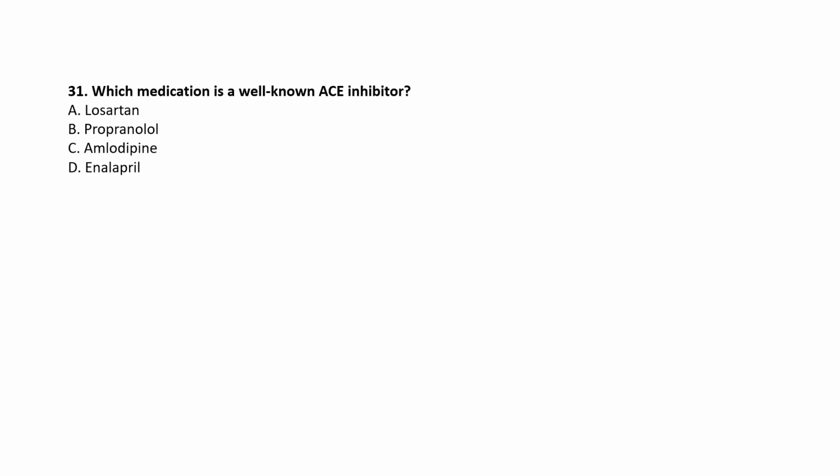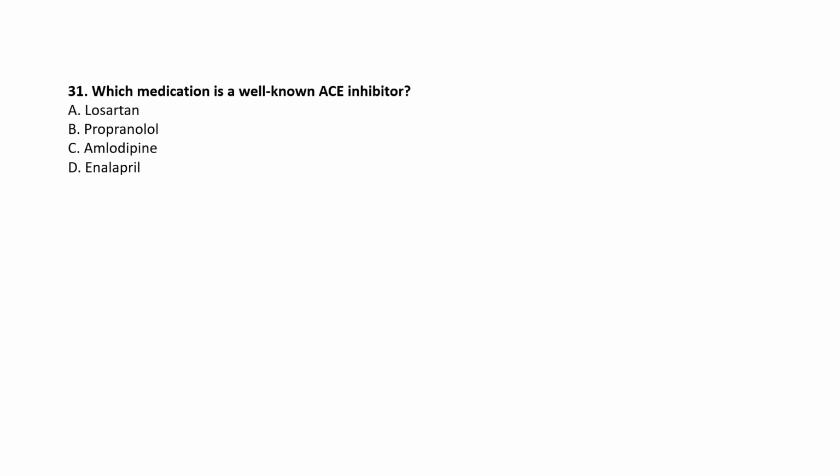So in case you want to know what the other ones are, losartan, I think, is a very well known drug. It is an angiotensin 2 receptor blocker. It blocks the receptor and prevents angiotensin 2 from acting. So this would also stop your blood pressure from increasing, but it doesn't inhibit ACE. It directly and competitively inhibits angiotensin 2.